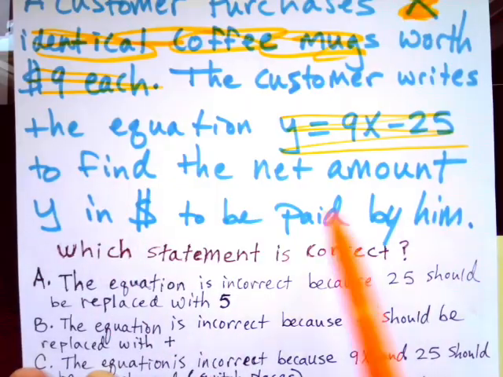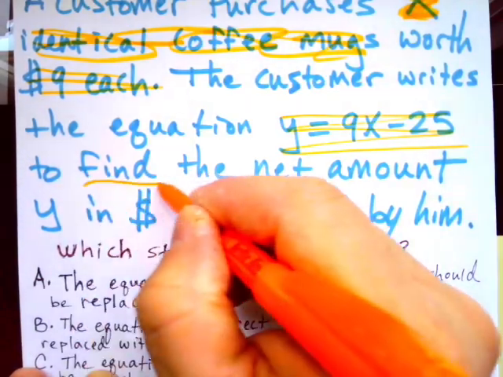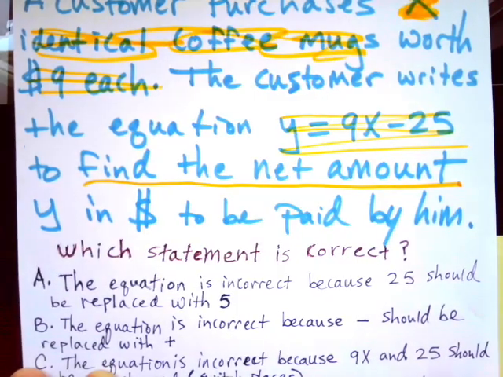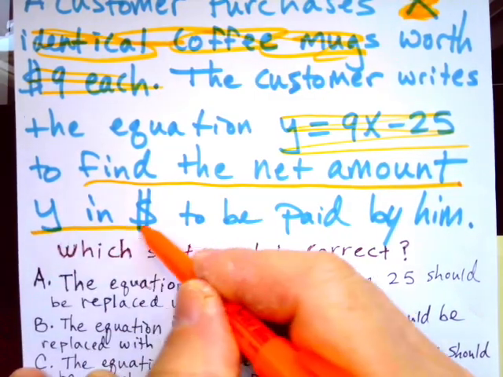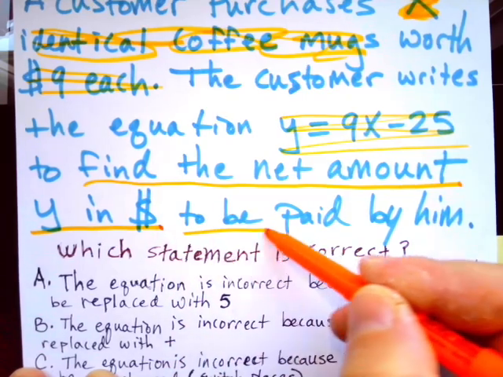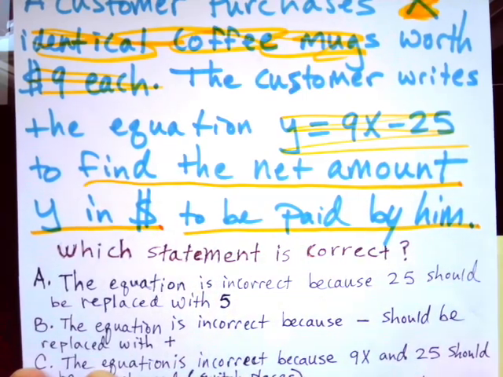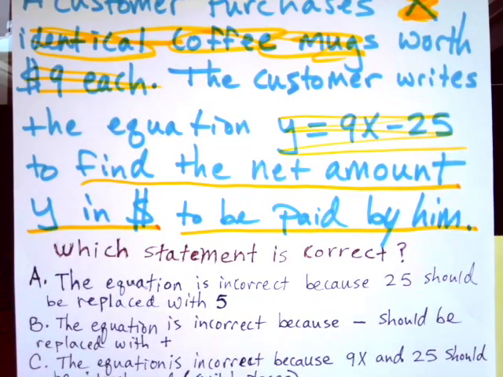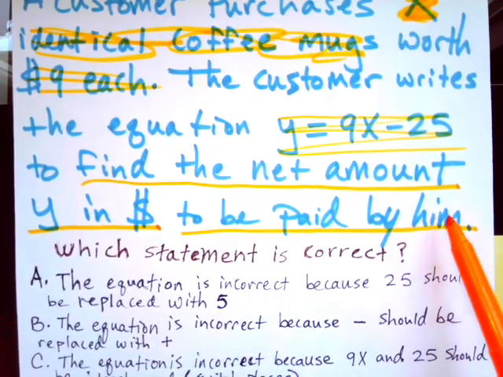Find the net amount, right? So this is what they're asking. Find the net amount, the total amount of money that's represented by y, to be paid by the customer. Here they use a him. It could be him or her, anybody. It's just a description of the customer.